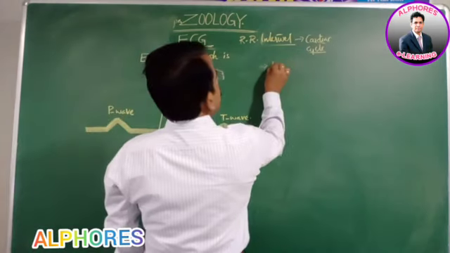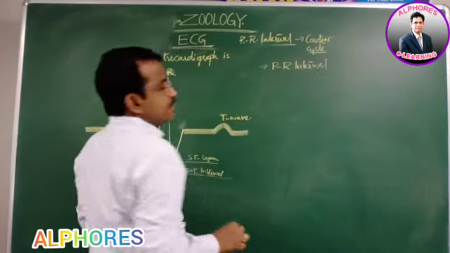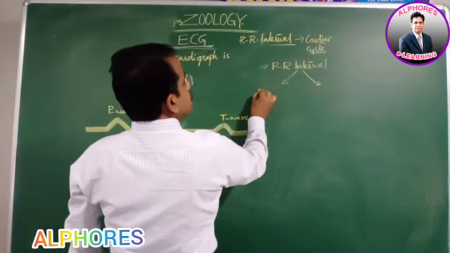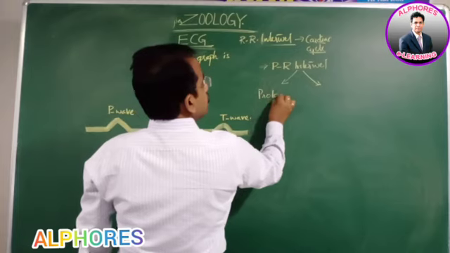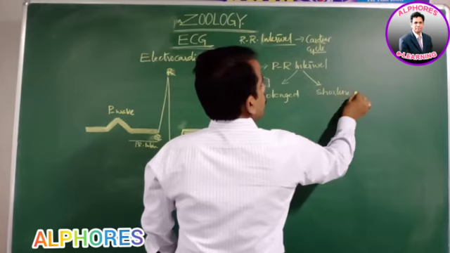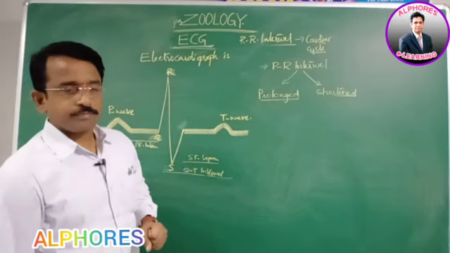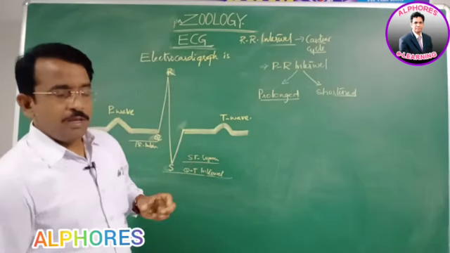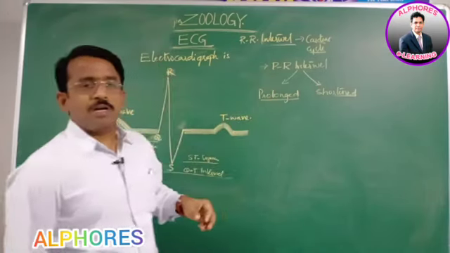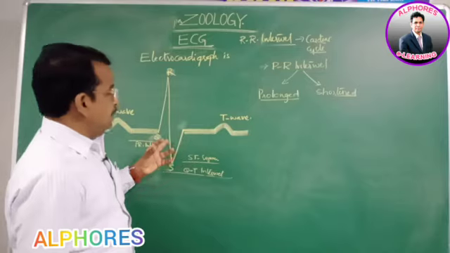Now, the PR interval. If the PR interval is abnormal, there are two conditions we see: either it is prolonged or it is shortened. In the beginning we discussed what the standard ECG is and what its components are. Now the abnormalities, the clinical inferences. Prolonged PR interval means there is more duration in the PR interval.